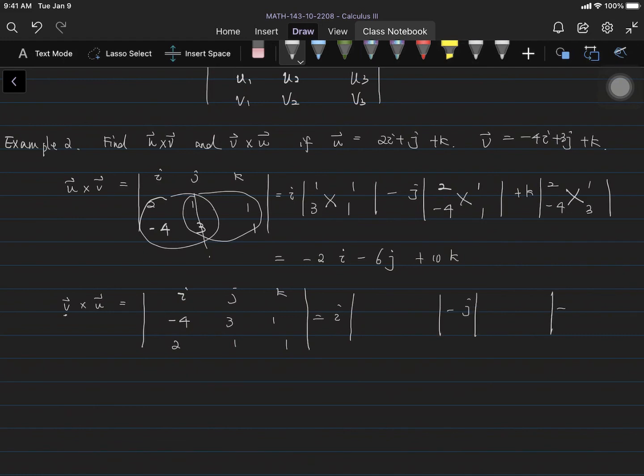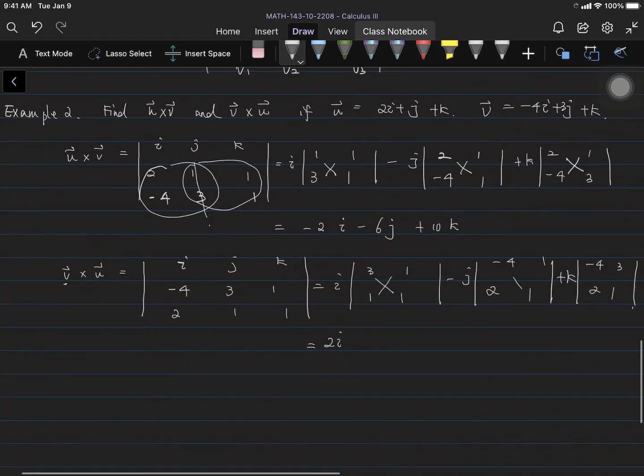Minus J plus K. For the I position, 3, 1, 1, 1. For the J component, negative 4, 1, 2, 1. For the K component, negative 4, 3, 2, 1. And calculating this one, 3 minus 1, 2, so 2I. For the J, it should be negative 6 and the negative in front, so plus 6J. For the K, negative 4 minus 6, so it should be negative 10.